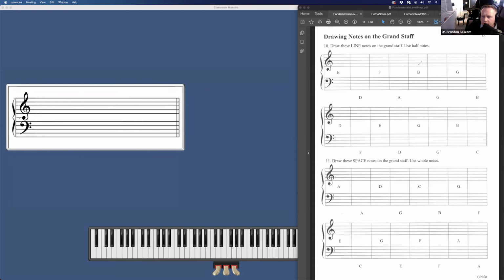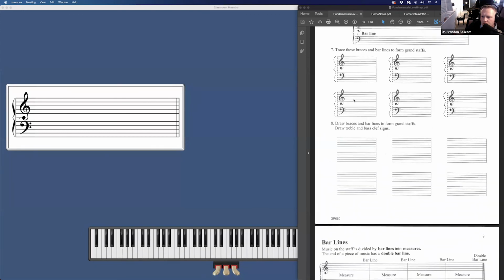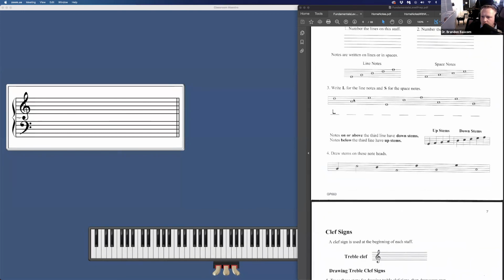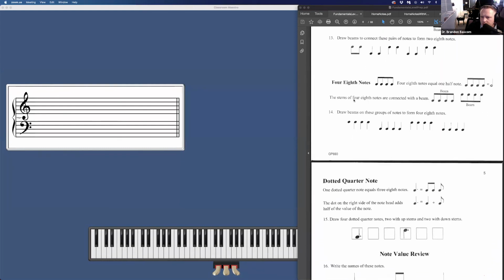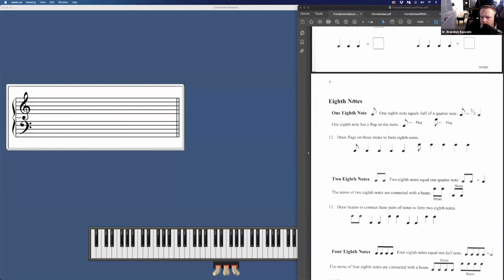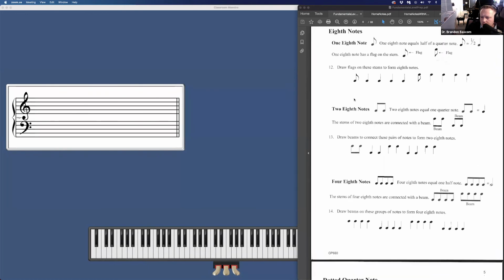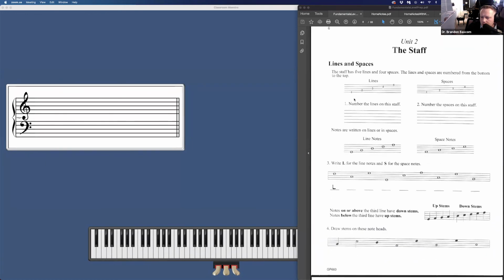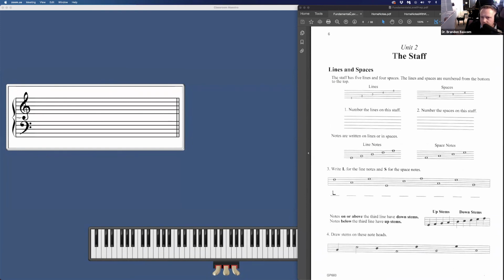We learned that stem rule back on page 6 right here.